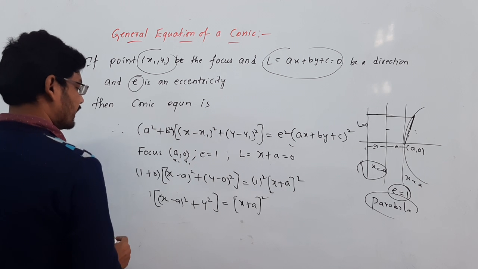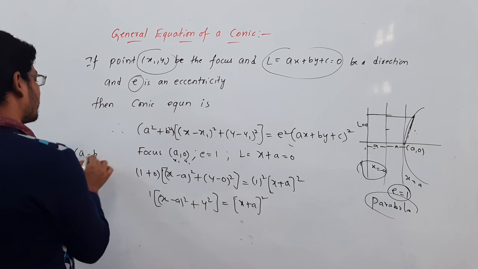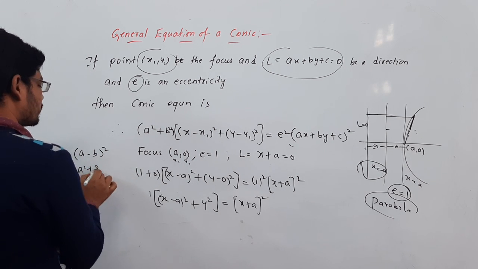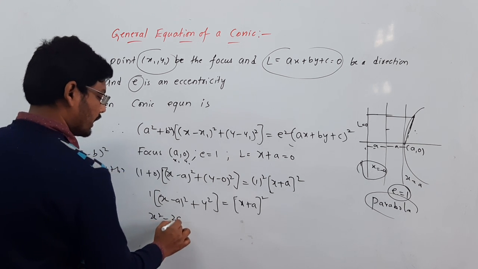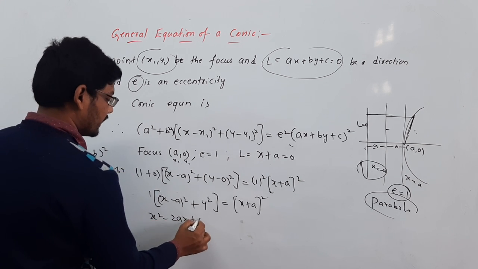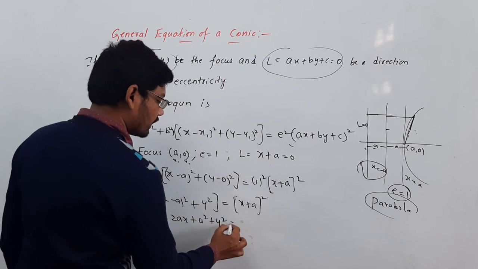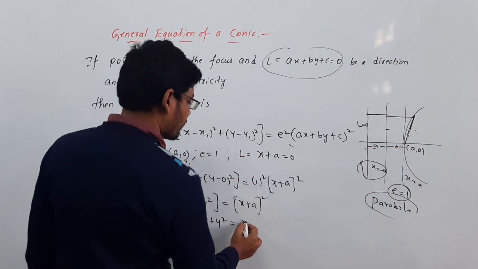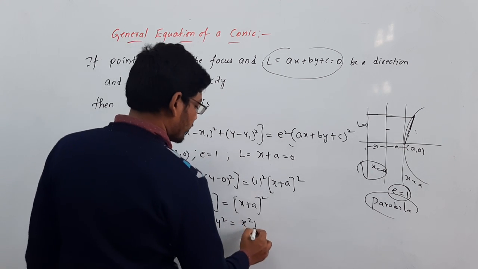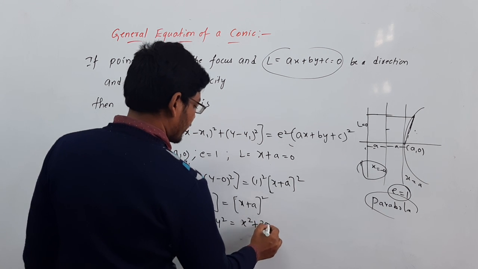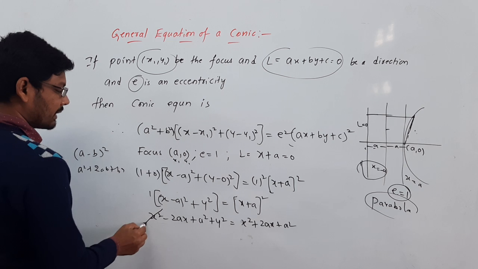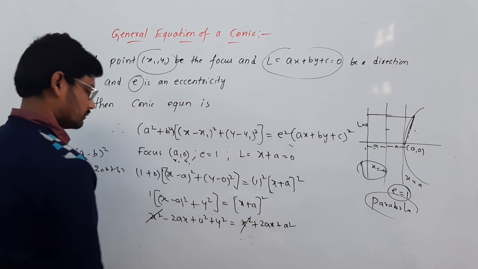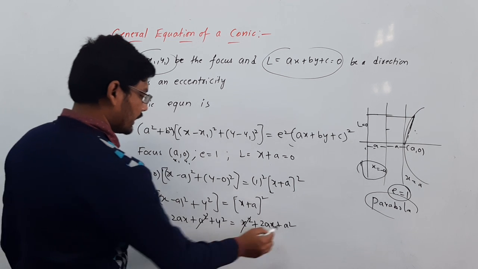Now expand this according to the formula a minus b whole square, a square minus 2ab plus b square. So x square minus 2ax plus a square plus y square. Expanding the right side as a plus b whole square, x square plus 2ax plus a square. Cancel the terms x square and x square, and a square and a square.